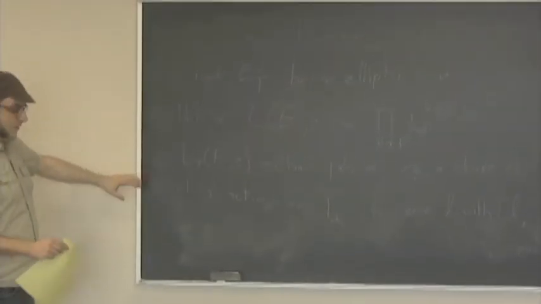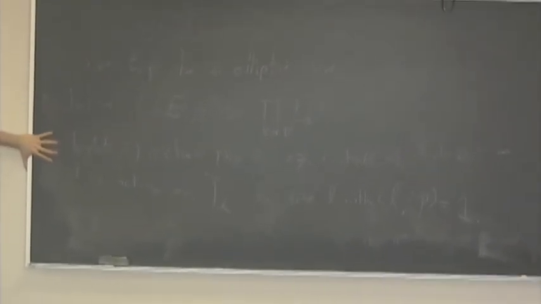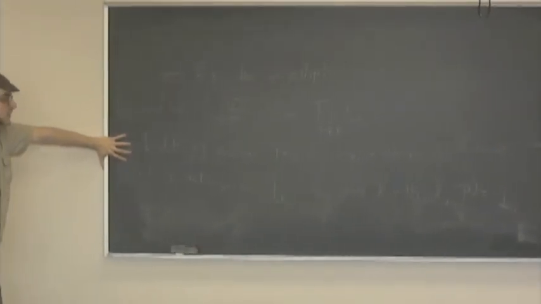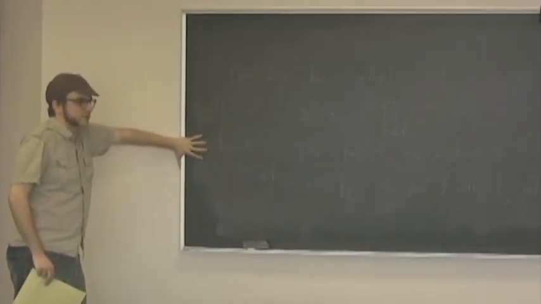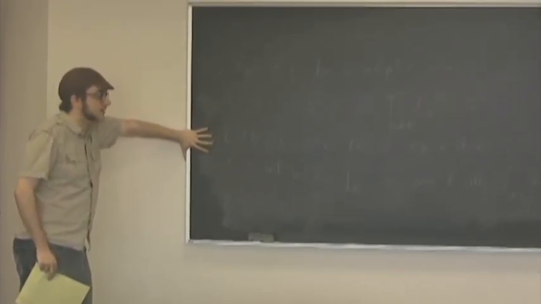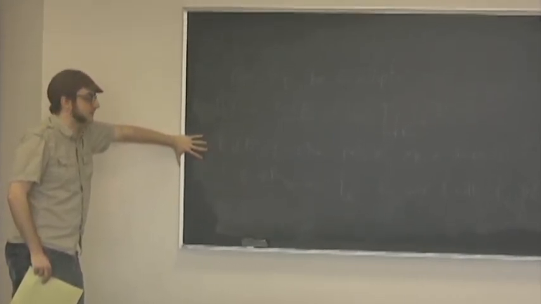Okay, so I've defined it in this abstract way. But really, this is the same thing that Alex talked about a couple of weeks ago. Another way to think about this, up to some canonical factors, is the exponential generating function of the reduction of E mod P. So it's counting the number of points on the curve.